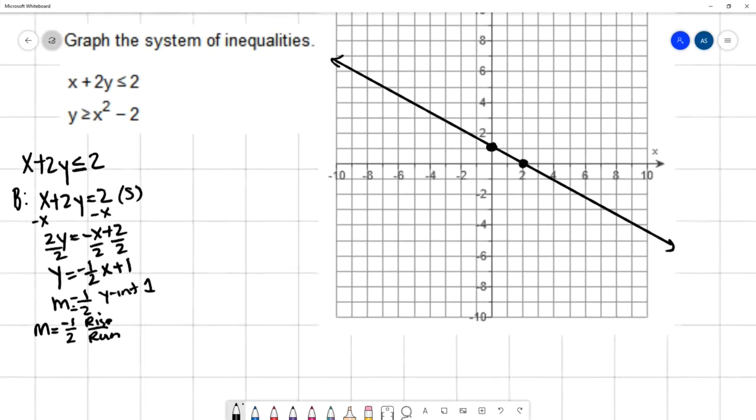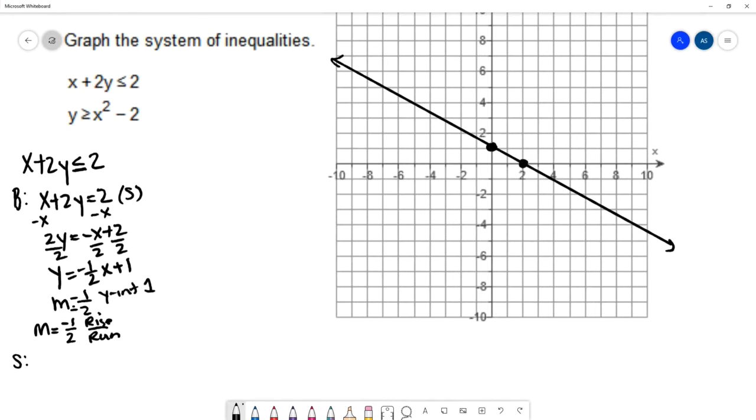Okay, so we figured out the boundary. Now we're going to figure out the shading. I need to choose a test point, so I'll choose 0, 0 as my test point. We're going to substitute that into the original inequality, x plus 2y is less than or equal to 2.